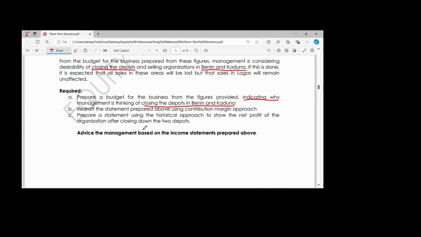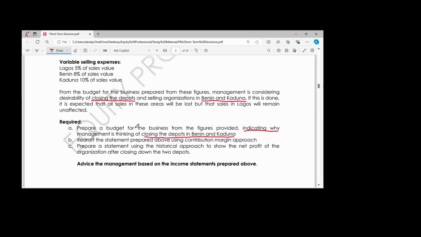So one thing should cross your mind: the only thing that can make Ife Sinachi Limited contemplate closing down the Benin and Kaduna depots is because maybe they are operating at a loss to the organization. Remember, my explanation is that the only thing that will make management think of dropping, closing down, discontinuing or deleting a particular segment is because that segment is operating at a loss.